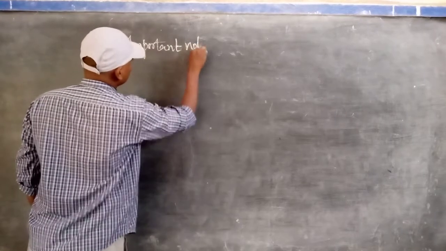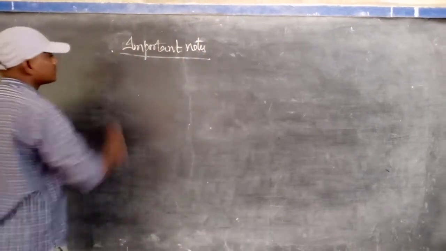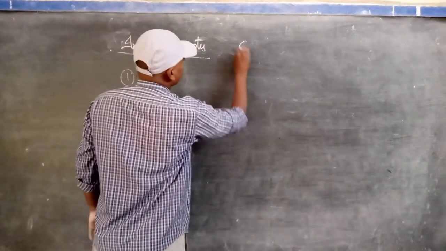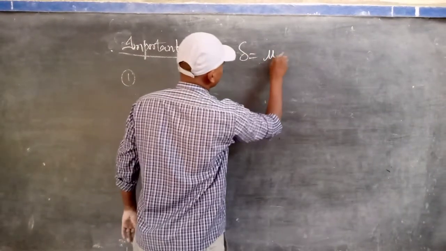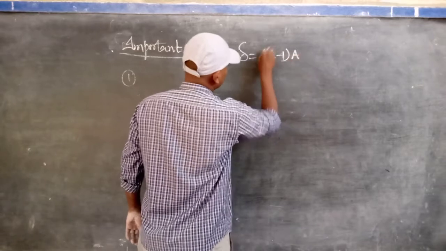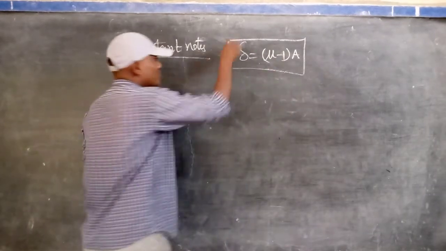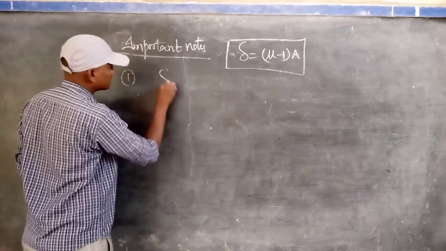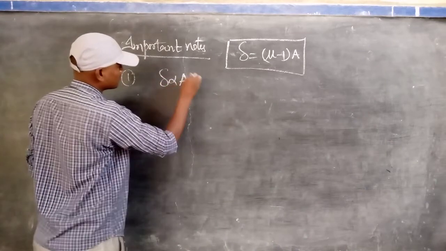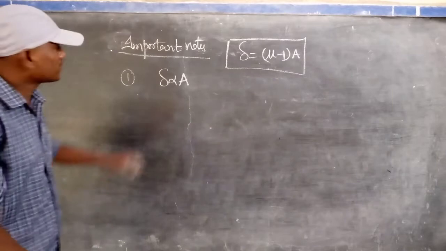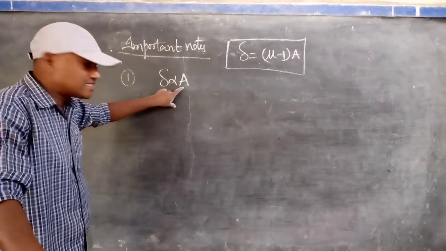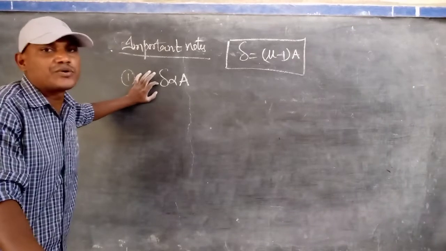Important notes. From that one, what we can say is, first, as the angle of the prism increases, the deviation angle also increases.